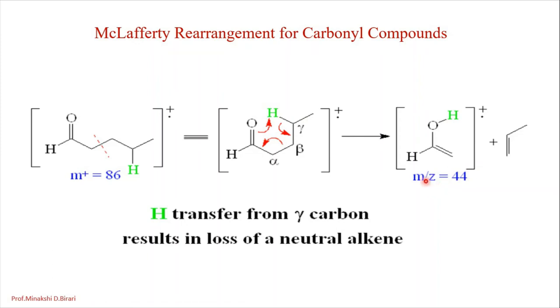Here the molecular ion can show the peak at mass to charge ratio 86 and after that the formation of such a type of radical cation, enol radical cation, can show the peak at mass to charge ratio 44. So here the H transfer from the gamma carbon results in loss of a neutral alkene. So the neutral alkene is eliminated during the fragmentation.